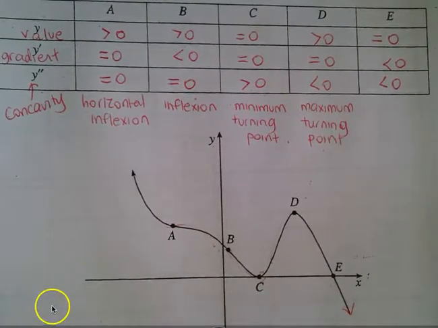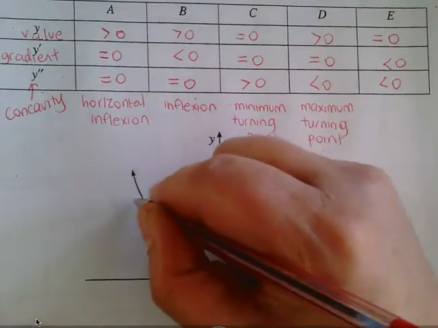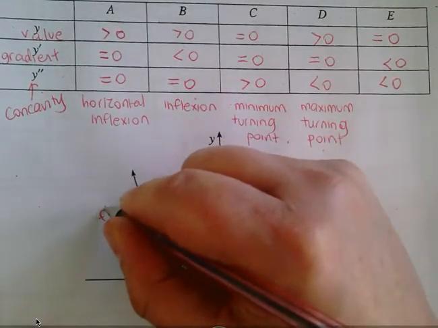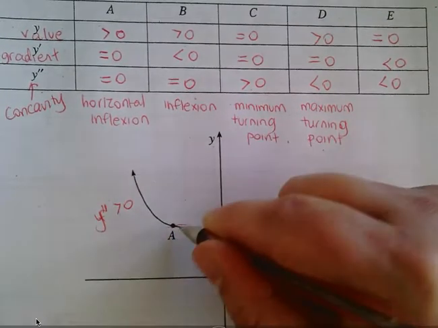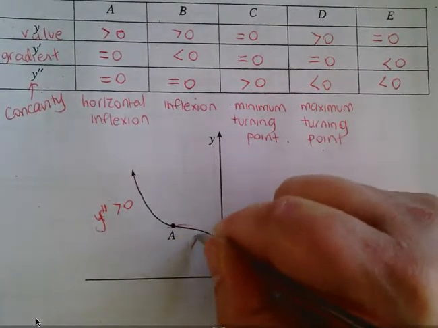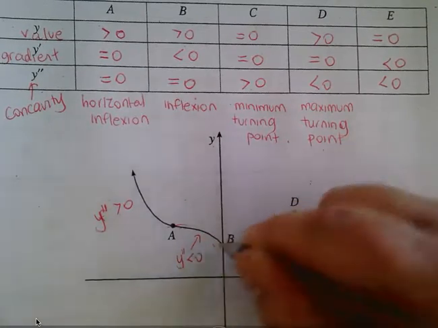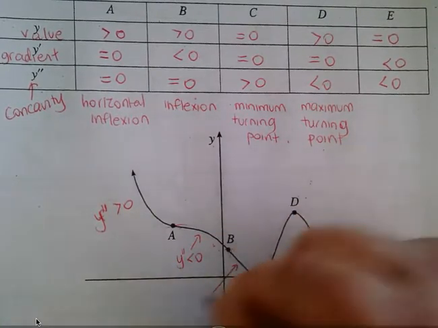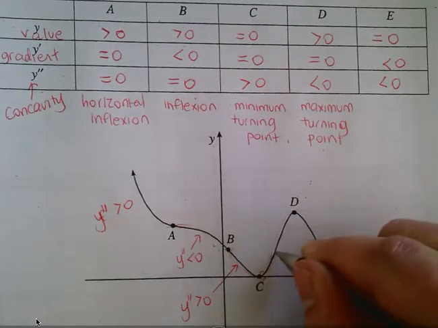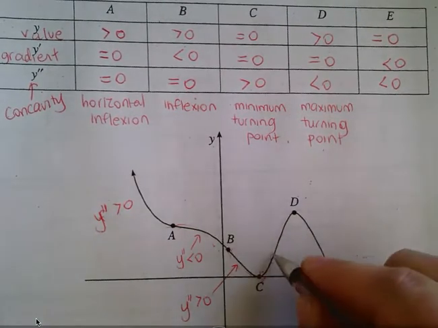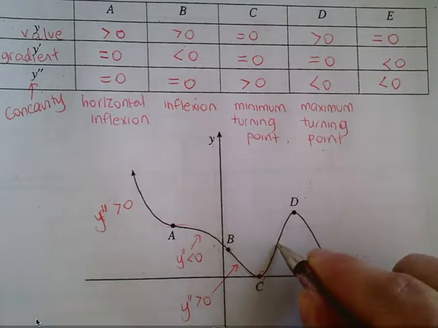All right? So you might want to be putting, for this bit, y double dash concave up for that section. For this section, y double dash less than 0. This is up again. For this section, y double dash greater than 0, concave up. There would be another inflection here, but they didn't mention it.